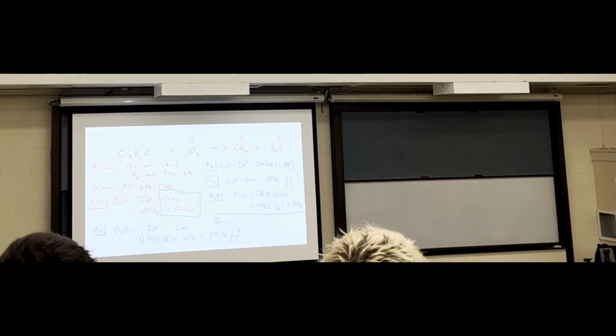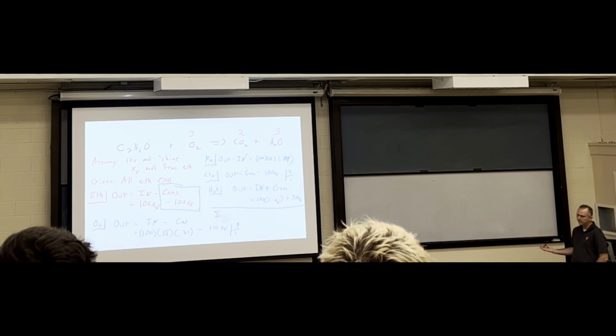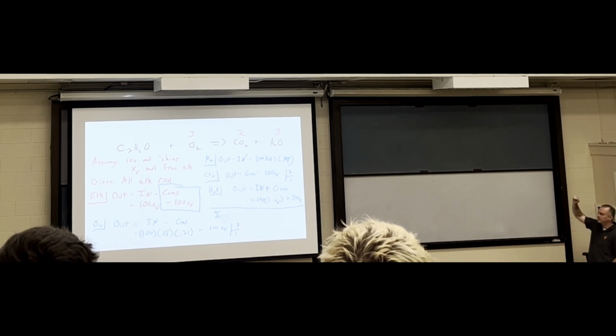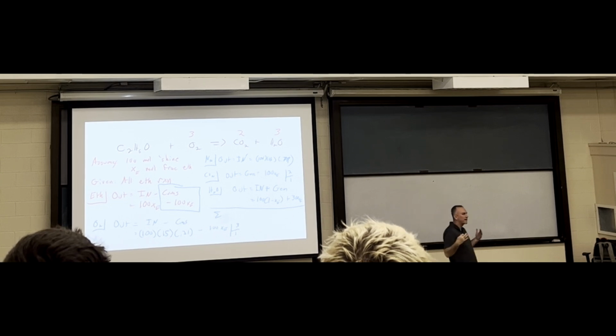Now I'm kind of a weird guy. I should have probably just totaled up that ethanol to say there's 0 there. But I really like how 100 XE coming in and 100 times 1 minus XE here in the water end gives me back the 100.